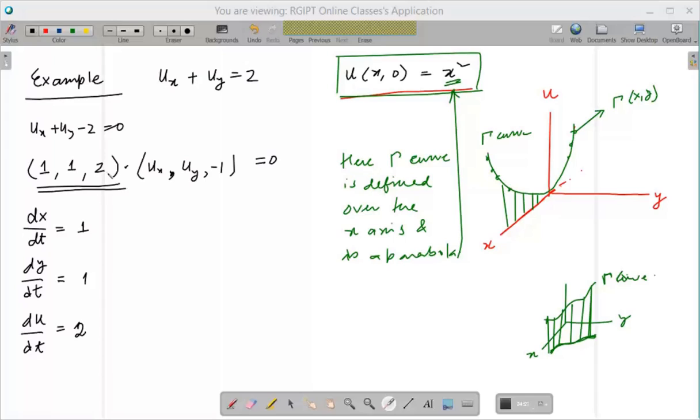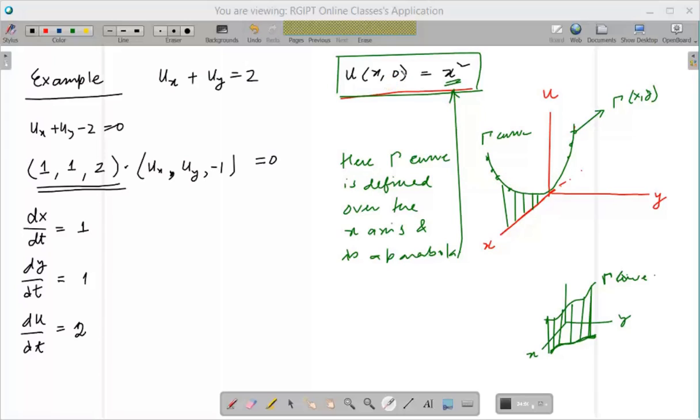But remember, I have to start somewhere on the curve, right? There should be a starting point. That starting point is given by this gamma curve. The gamma curve is given there already, and we have to use the fact that at t equal to 0, I have u as a function of x and y given by x squared at y equal to 0.